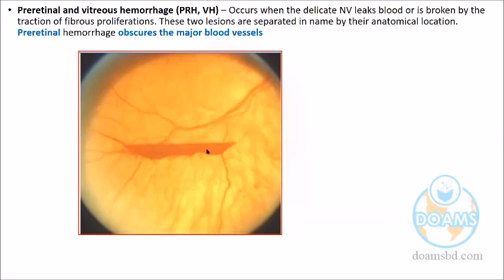So what type of hemorrhage is it? First question, is it inside the retina or in front of the retina? This is in front of the retina. This is pre-retinal hemorrhage. As the blood obscures major vessels, retinal vessels behind are not visible.